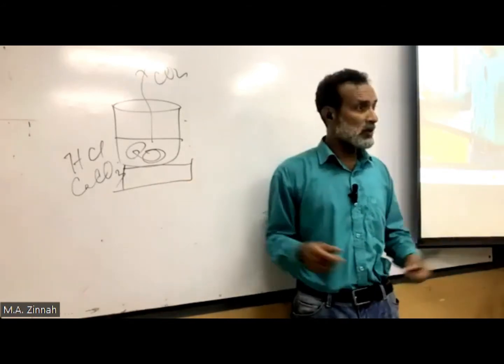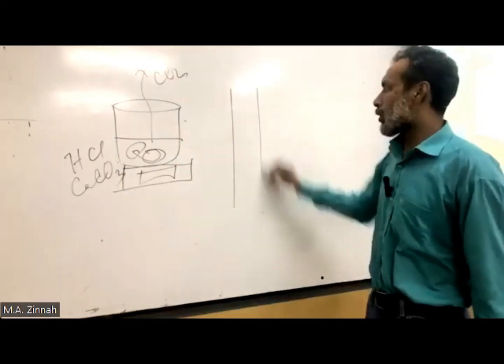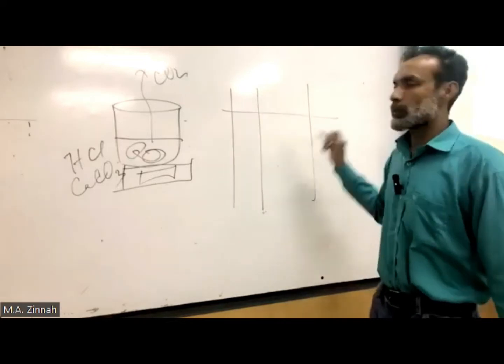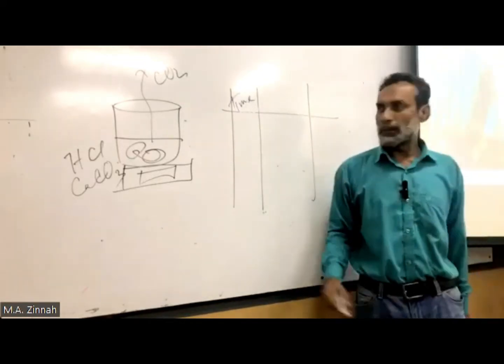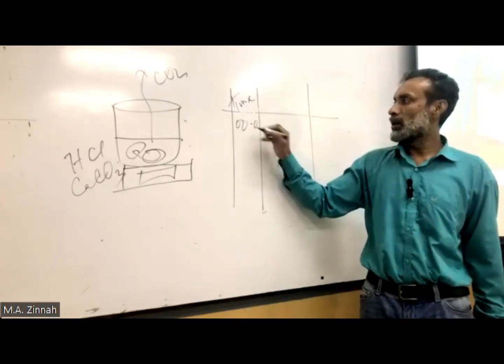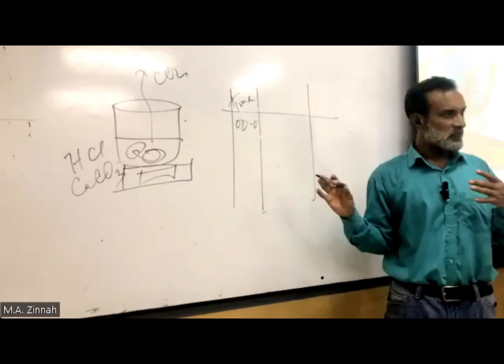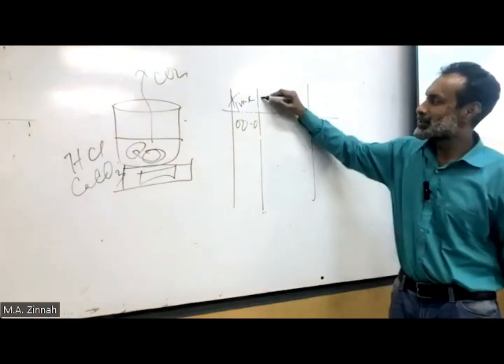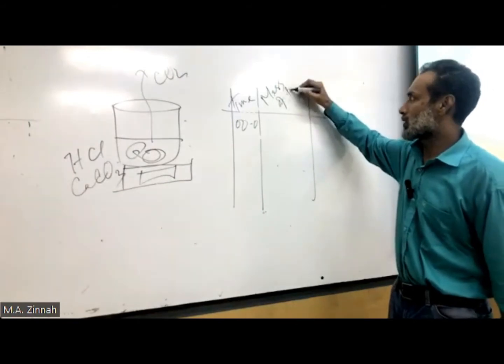ঠিক আছে? সবাই clear? আস্তে আস্তে mass কমবে. And if we record the information in a table, suppose this is time. When time is 0, you may get a mass. Is that 0? No. I write mass of total content.